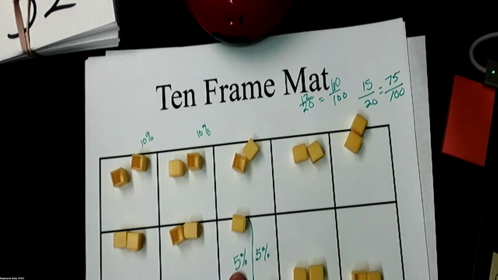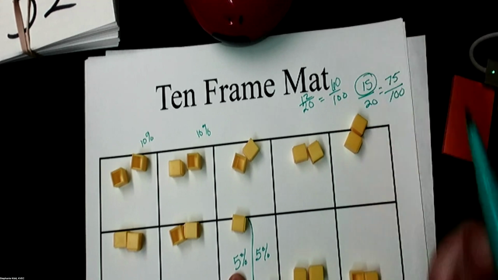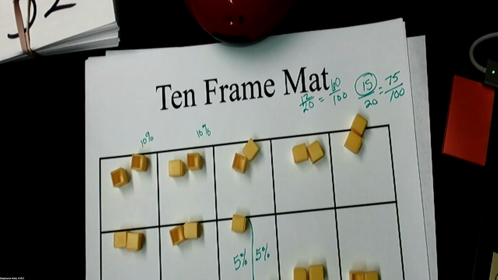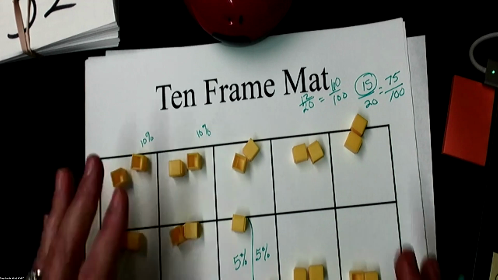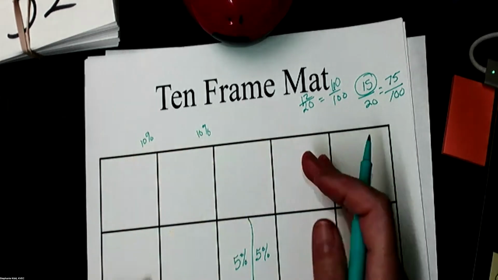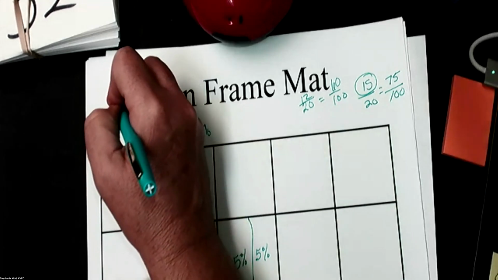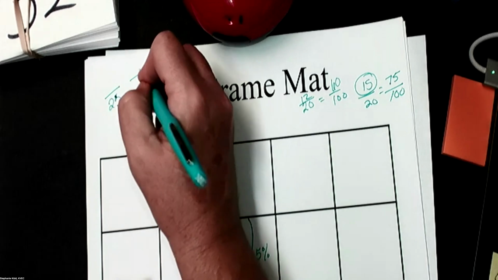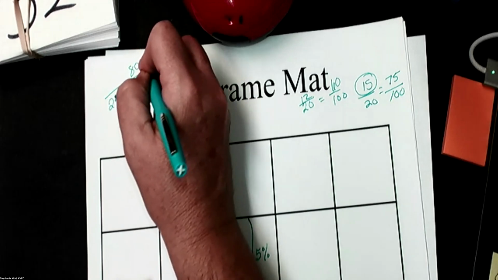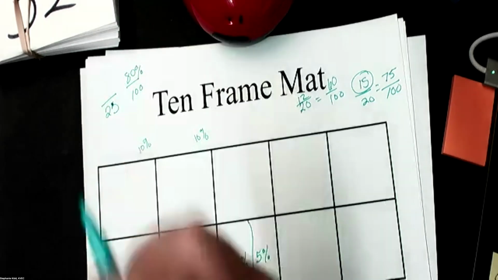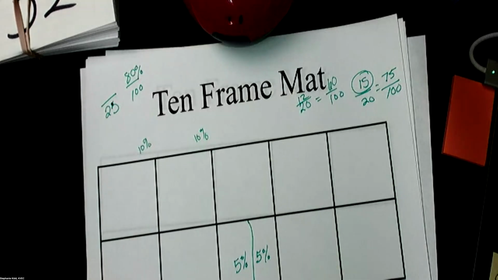Now, let's say that they're looking for this amount. And let's say that I need to know that. And so let's say it's 25 is my total, and I want to know how much 80% of 25 is. Oh, I just gave you a hard one, didn't I? You're thinking, how in the world are you going to get 25?